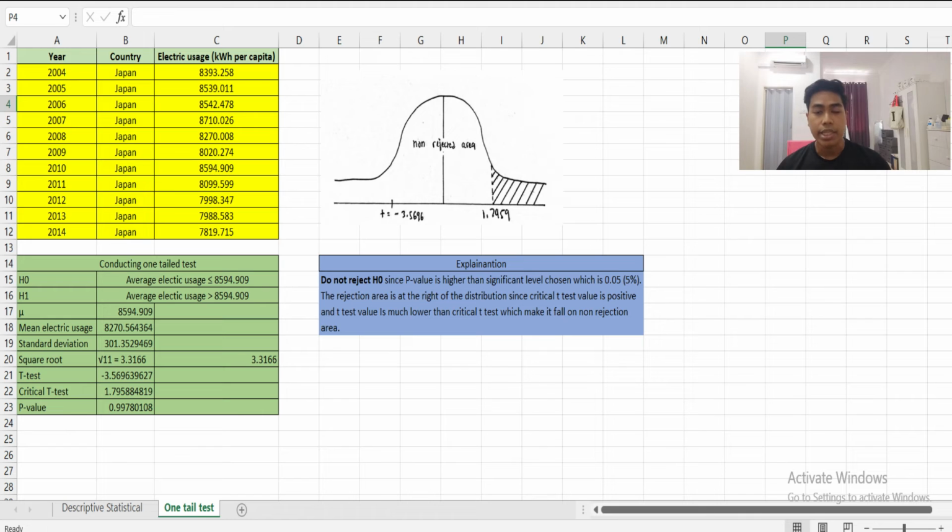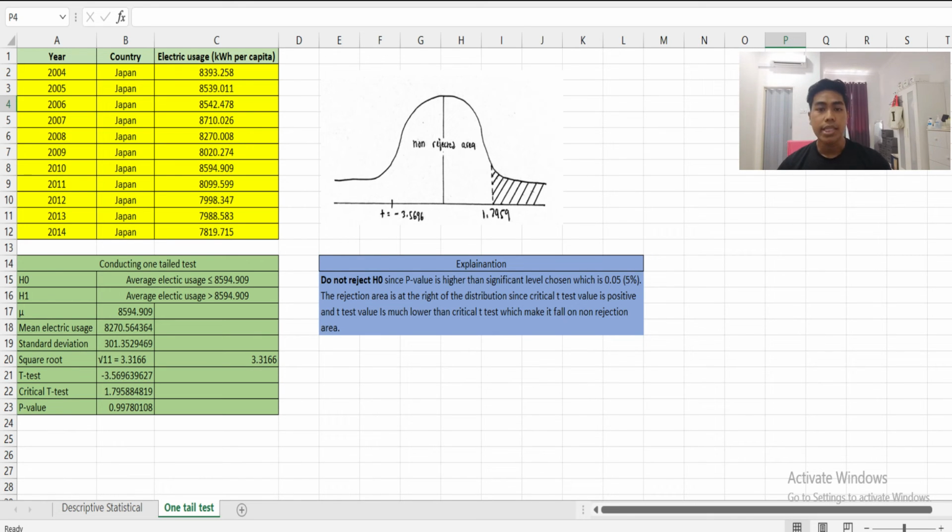The second step is to choose the significance level, which I choose as 0.05 or 5%, and I calculate the critical t-value, which is 1.7959, and the t-value, which is negative 3.5669, and as we can see, the t-value falls in the non-rejection area.